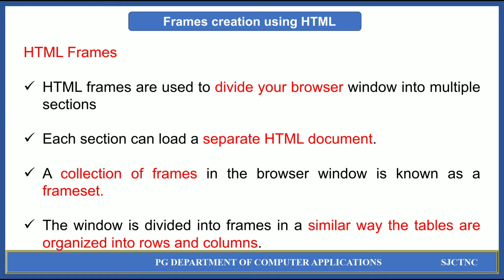A table contains rows and columns, and those rows and columns are different sections, that is, row and column separately. Likewise, frames are also used to divide our page into different portions.